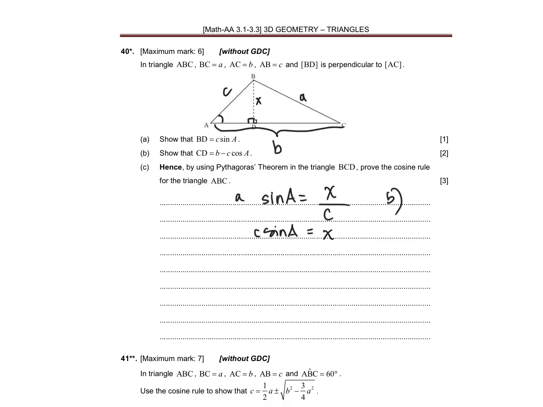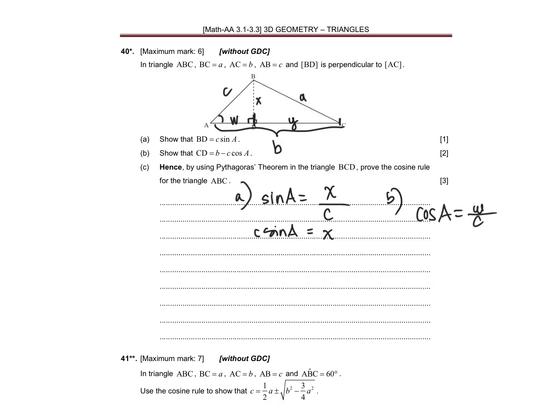For B, show CD. We'll say this is y from here to here. And we want it with cosine A. They want this because W is equal, so cosine A is equal to adjacent over hypotenuse in that small triangle.